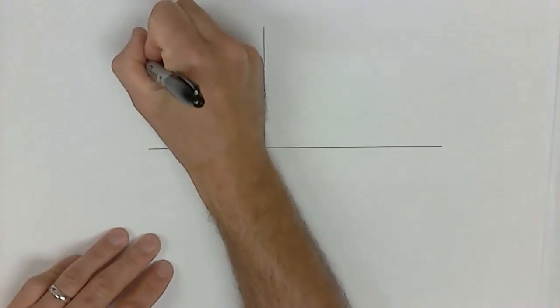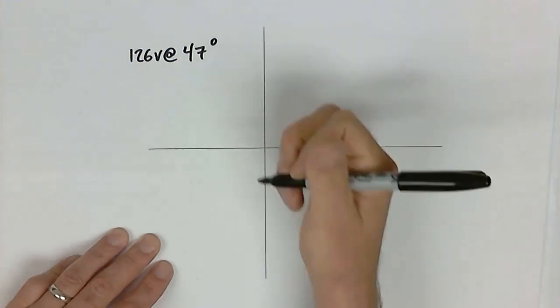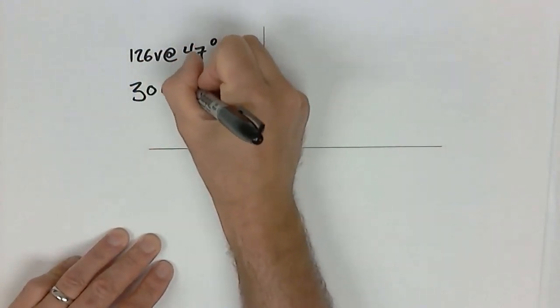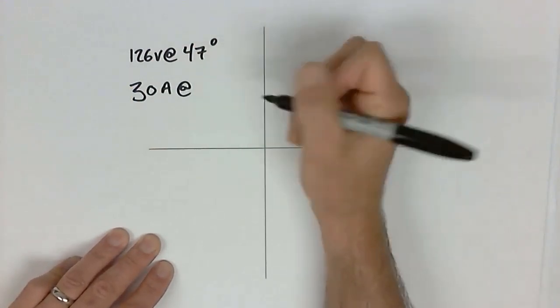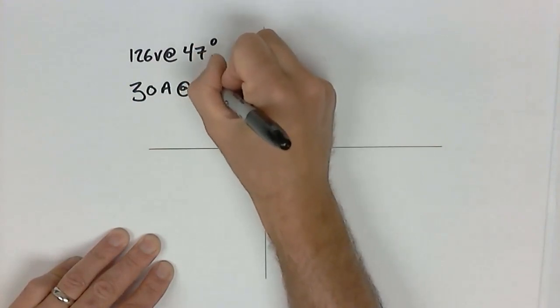So this one, I'm going to draw 126 volts at 47 degrees, and a current value of 30 amps at, let's say, 25 degrees.